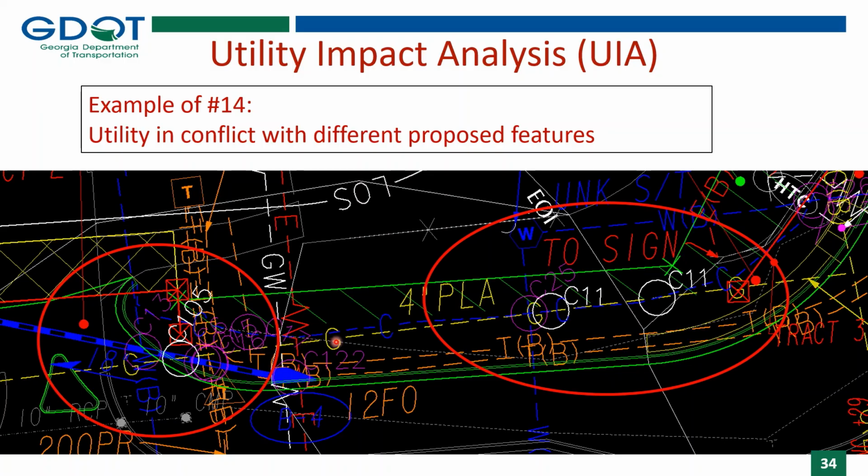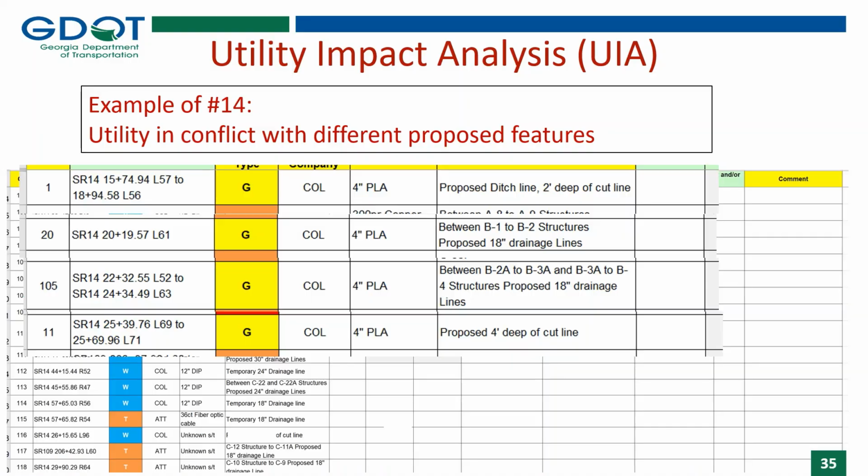And now you see the gas line is continuing along this cut line, and it crosses the cut lines here and here. So the conflict number changed again. Now we're at C11, and this is the start of the conflict, and this is the end of the conflict here. And how's that displayed in the UIA?